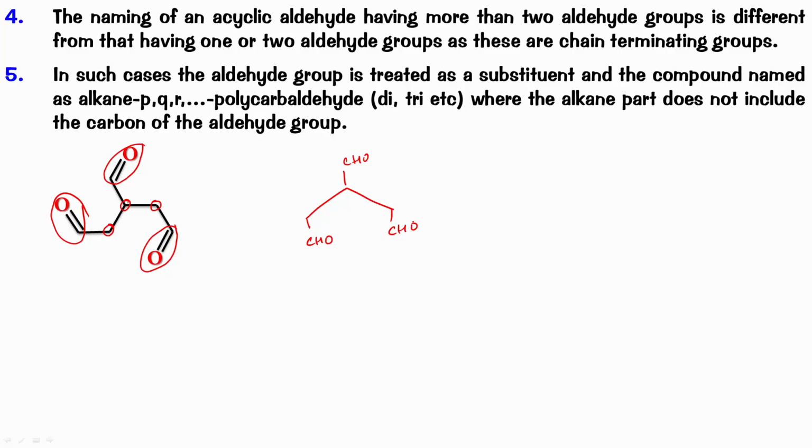This is the same thing as we saw earlier. So how do we name this? Very simple. Forget the CHOs, just number the chain. The chain must start with the carbon having this CHO group. This is numbered as 1, 2, 3. 3 carbons means propane. So it's going to be propane-1,2,3-tricarbaldehyde.